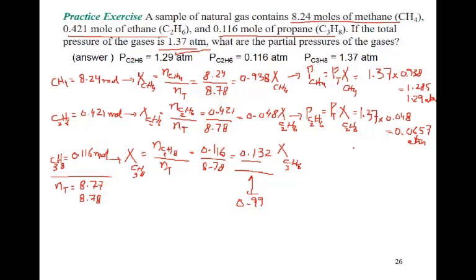And the third one here is to convert into the partial pressure.